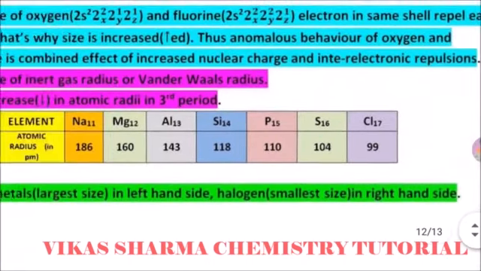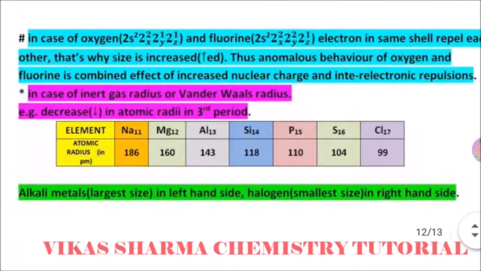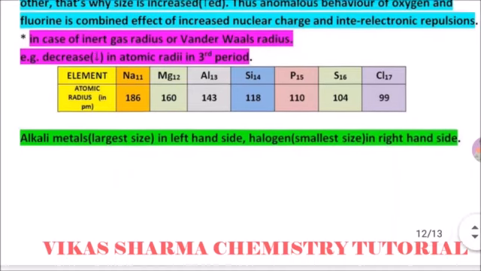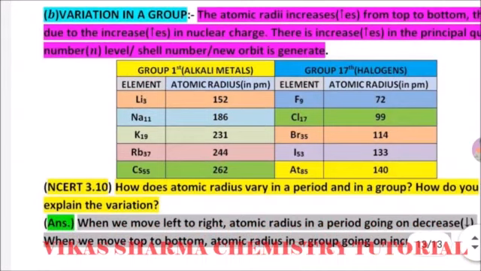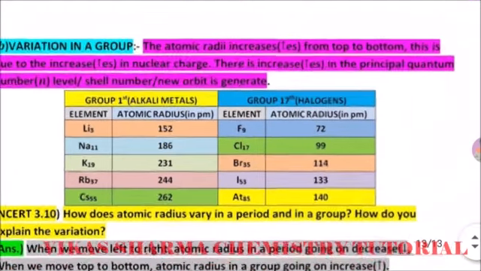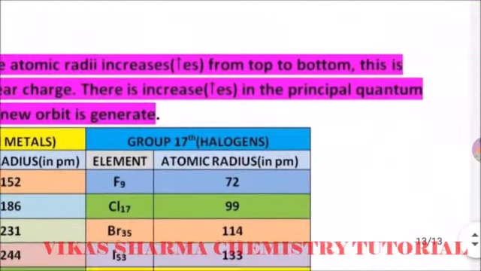In the same period, the largest atoms are always found on the left-hand side, which belong to the alkali metals, and the smallest atoms are found on the right-hand side, the halogen family, which is group 17.